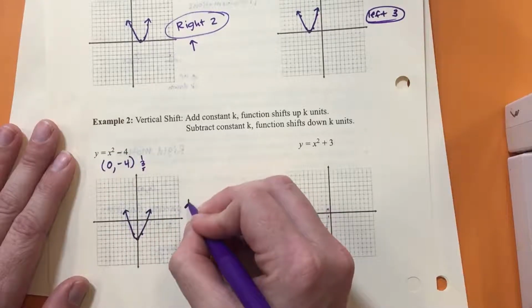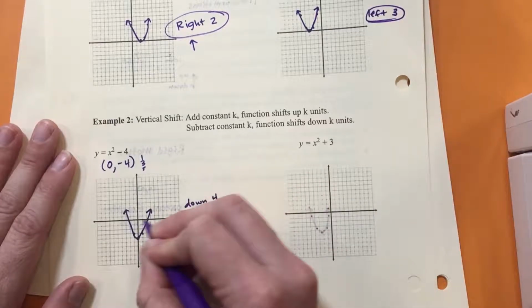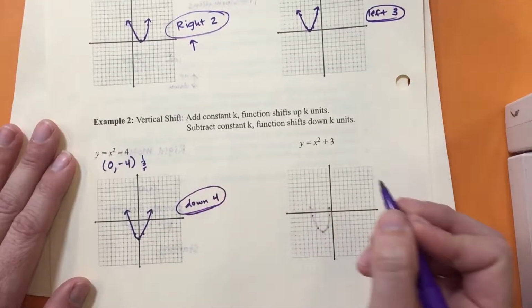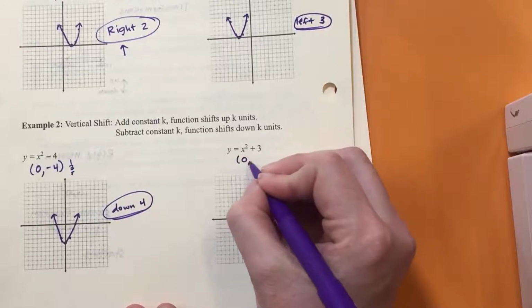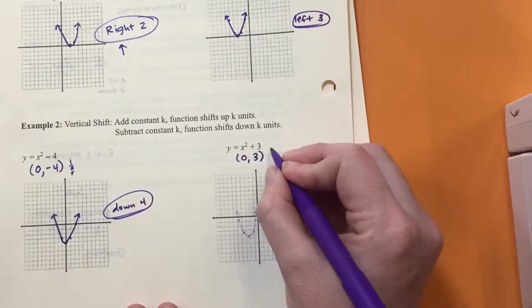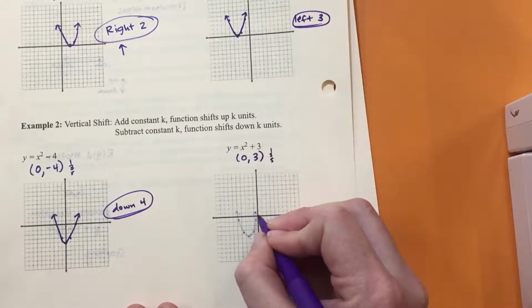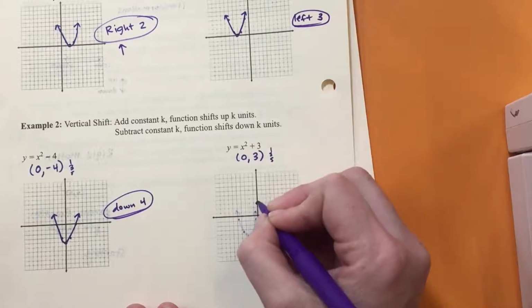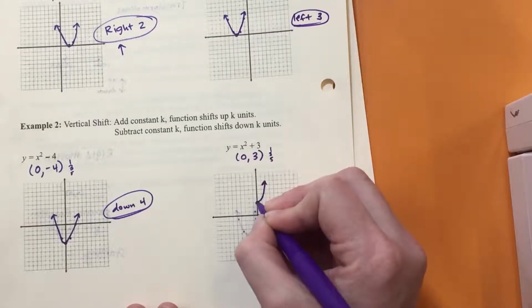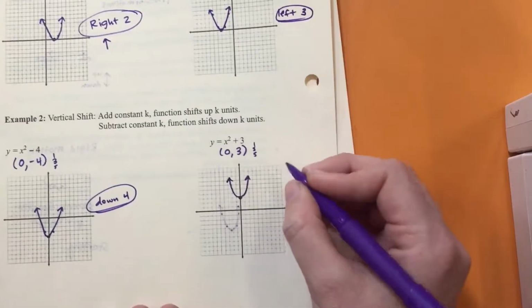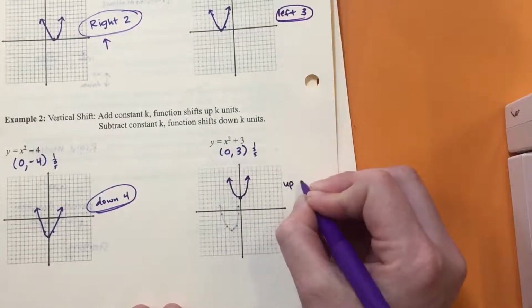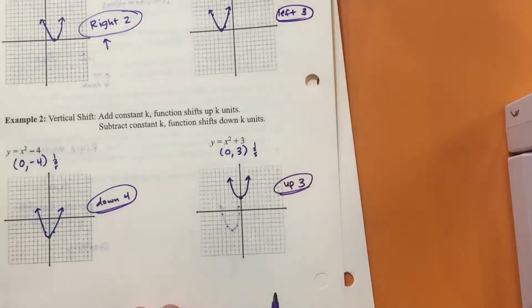This graph was moved down 4, from 0, 0 went down. 0, comma, positive 3. So I would go 0, up 3, put a dot, and then I know it opens up. That means that I went up 3 units.